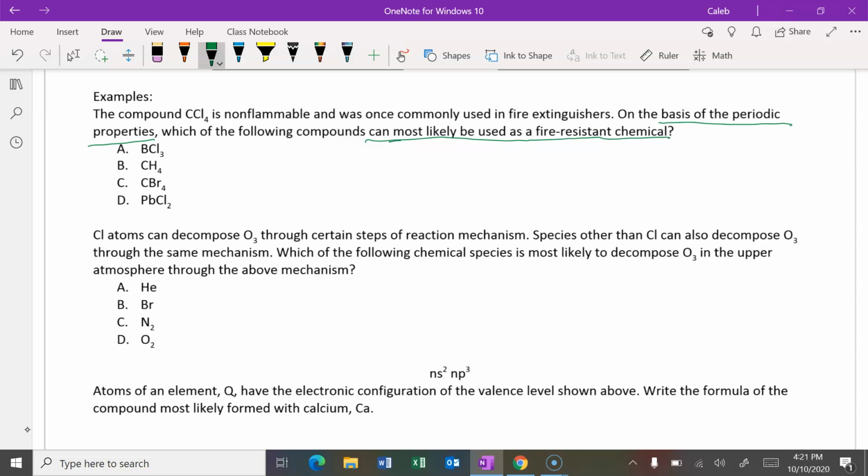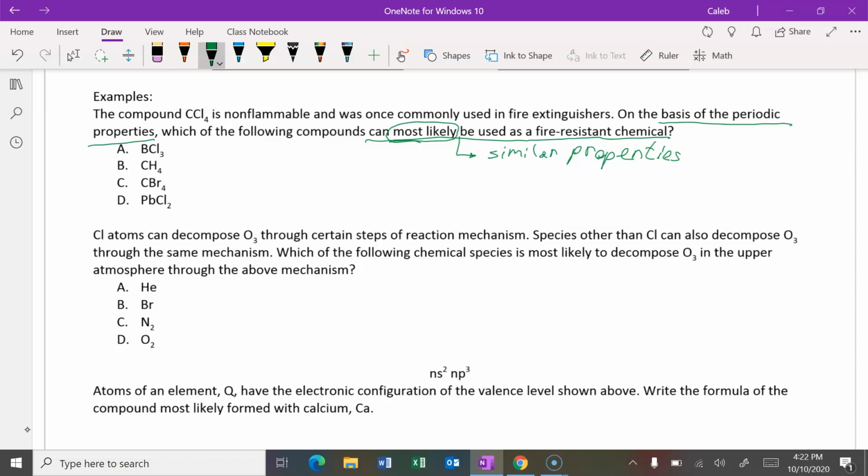Okay, and we see this where it just says it's most likely. Really what we're saying by all of this is it should have similar properties. And that goes back to the idea that if they're in the same group, they have similar properties.